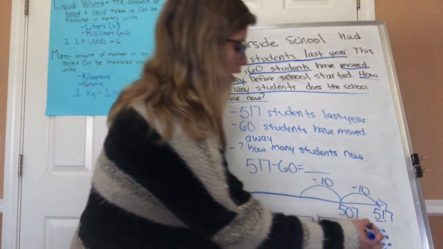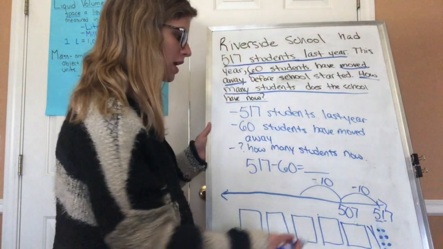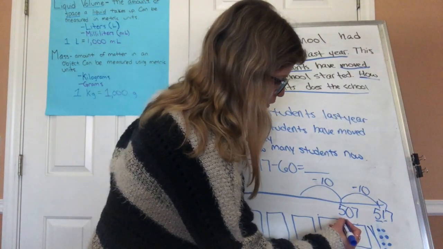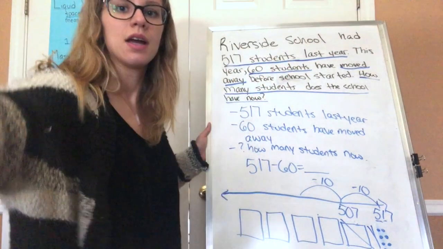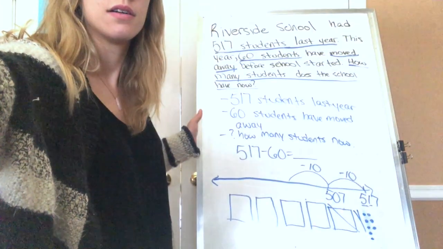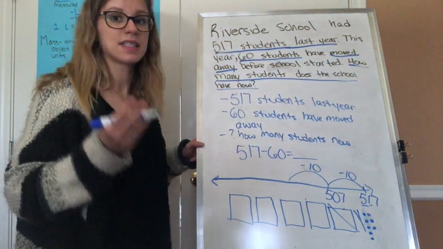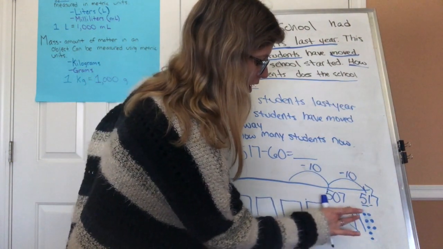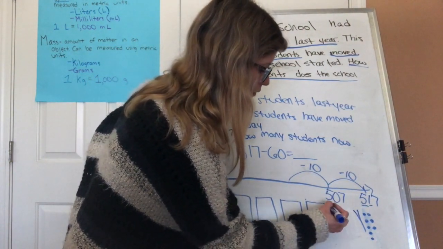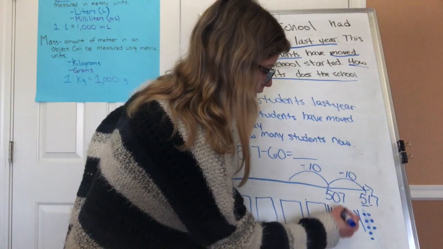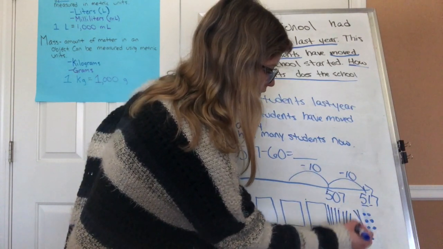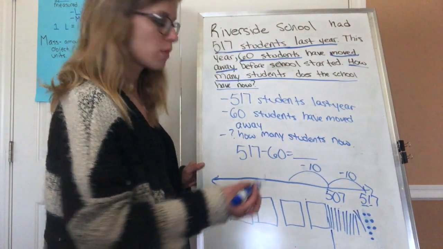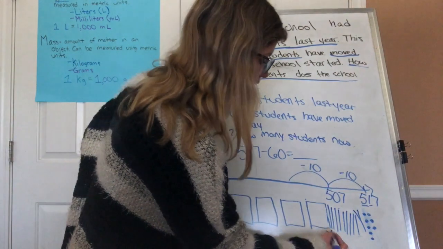So I already took away 10, and now I want to take away another 10. What I need to do is regroup my hundreds and turn them into 10 tens. So instead of having 100, I'm going to make 10 tens. 1, 2, 3, 4, 5, 6, 7, 8, 9, 10. That way I'm able to take away another 10.